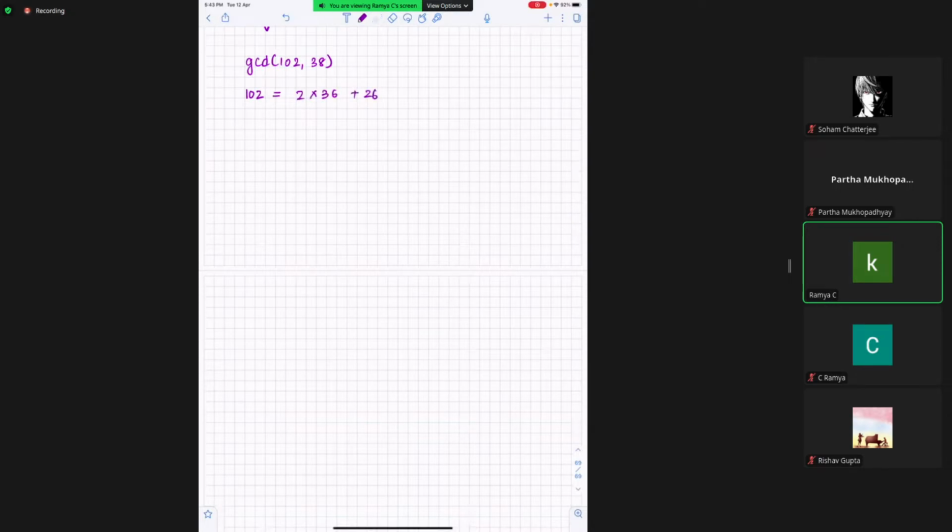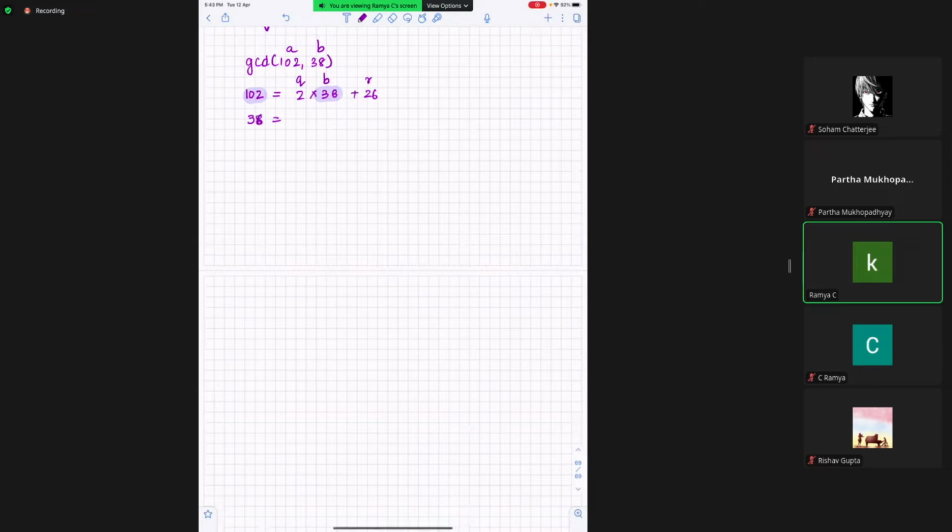So now I know that the GCD of these two things is the same as the GCD of, so this is my Q, this is B, this is my R. Now I have to divide 36 by what? Sorry, not 36, it should be 38.